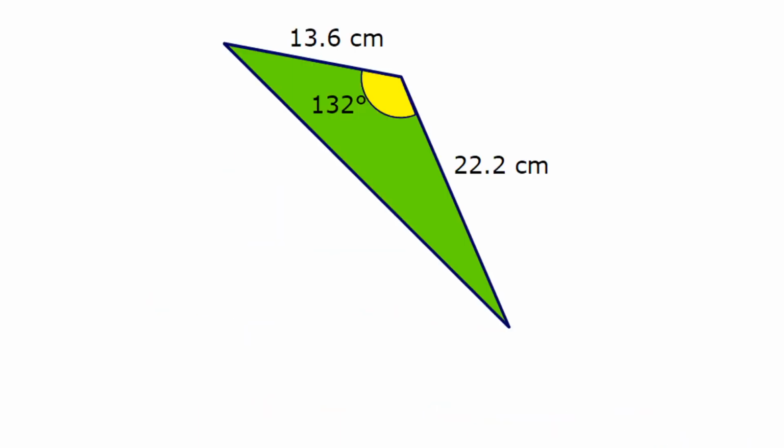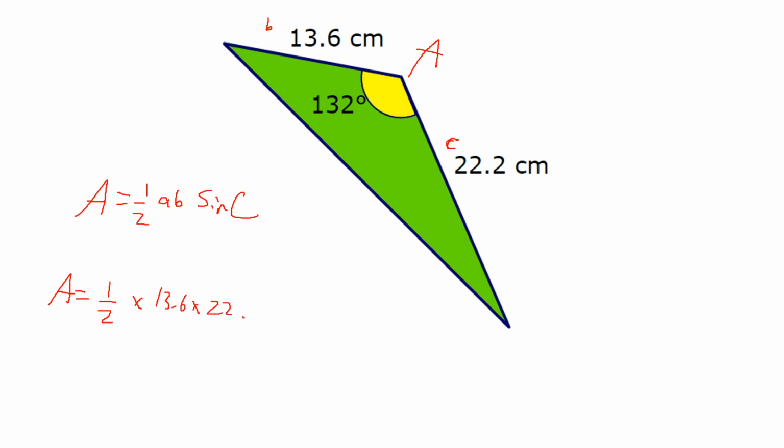If we were to use the formula, however, we can write it down straight away. The area is equal to a half ab sine C. This is our A, and B and C don't matter. This can be B and this can be C. So then the area is simply going to be a half times 13.6 times 22.2 times sine 132.